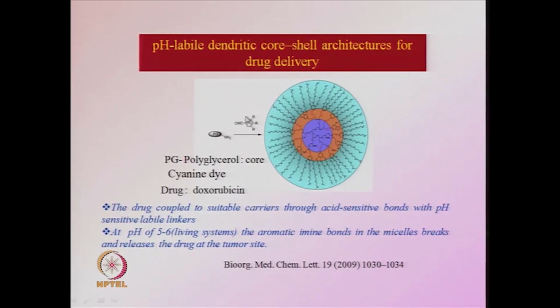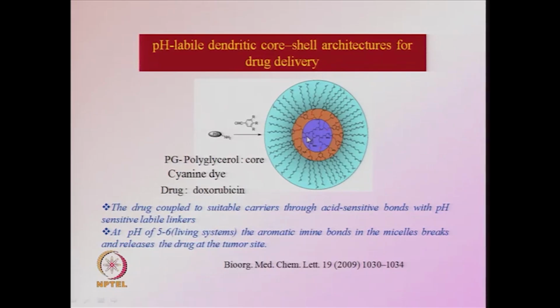So, these alkyl chains are on the outer periphery, and the CHO has interacted with the amine group to form an imine bond. So, you get the imine, the carbon nitrogen double bond which links the polyglycerol to this aromatic aldehyde, and you get a core shell structure like this, where the drug can be encapsulated in the core.